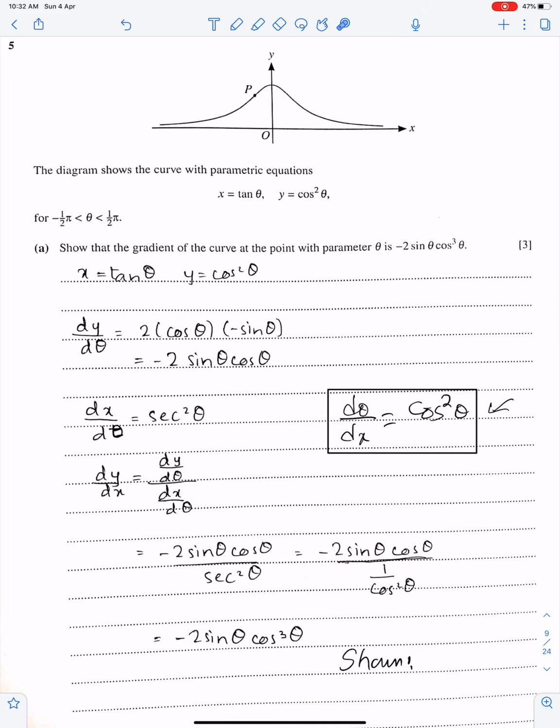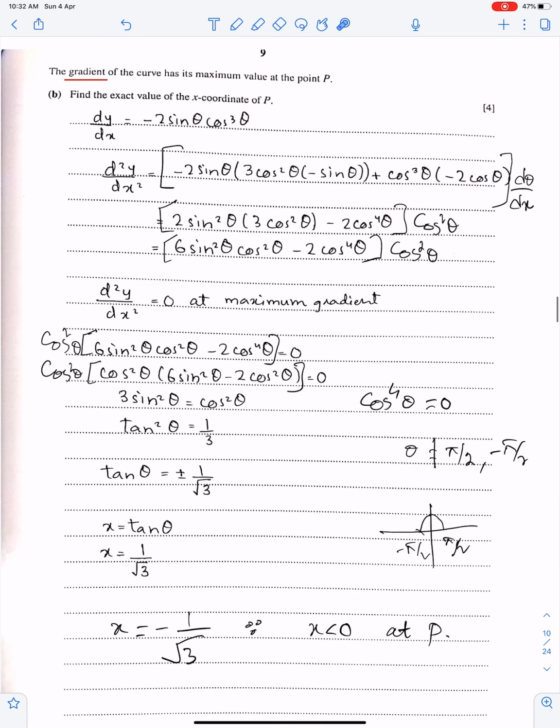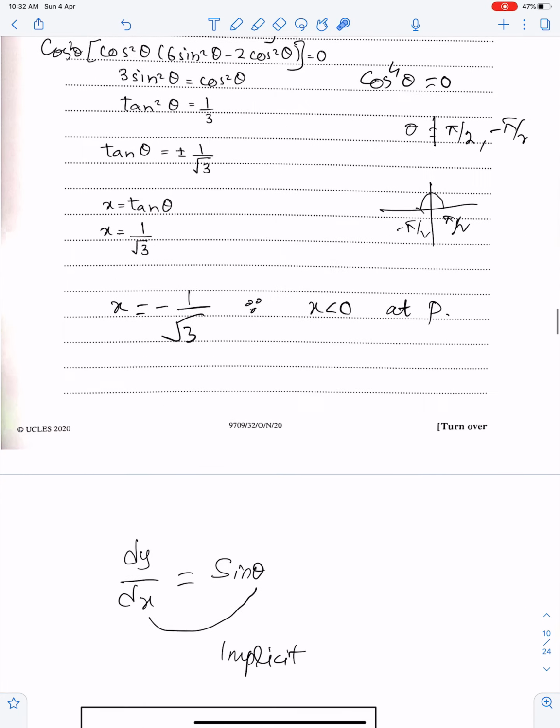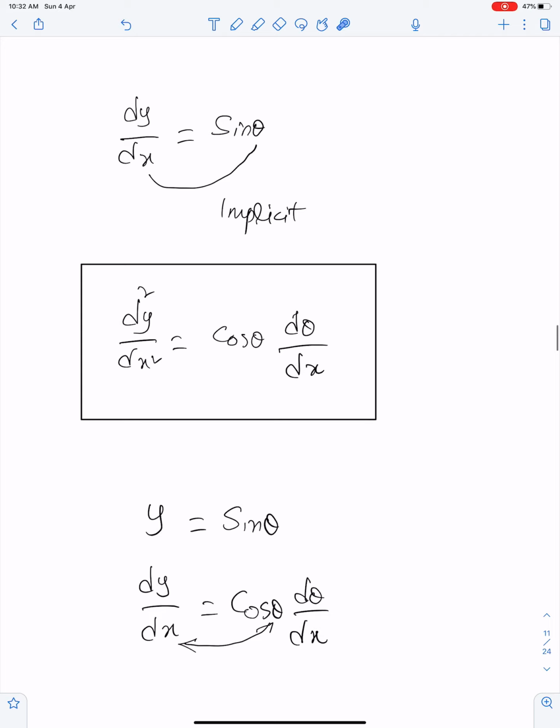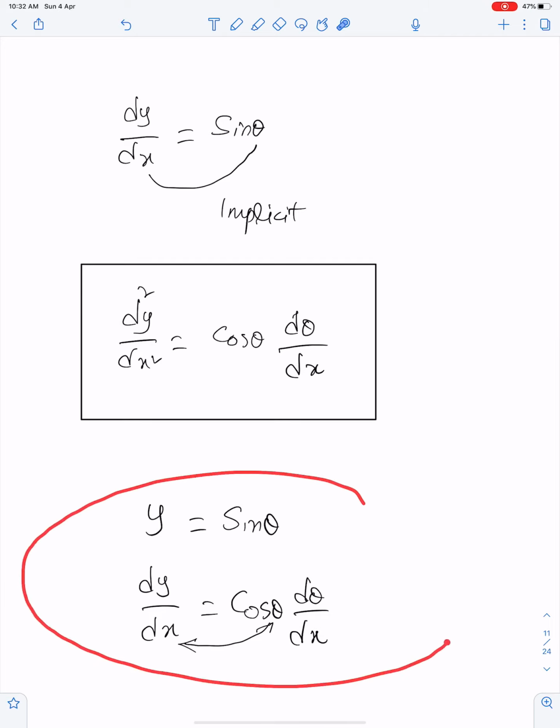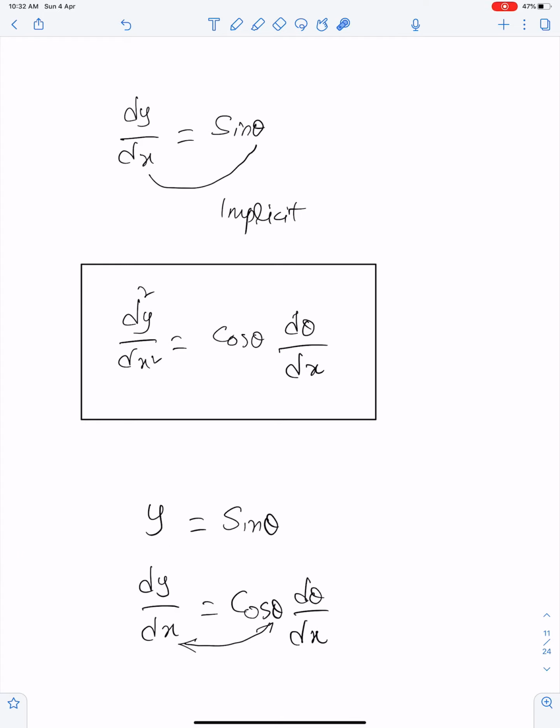Next part. Before solving the next part, let me tell you this thing. You have done this. This is an implicit function. If I ask you to find dy upon dx, you cannot differentiate this with respect to x because in this equation y depends on theta.